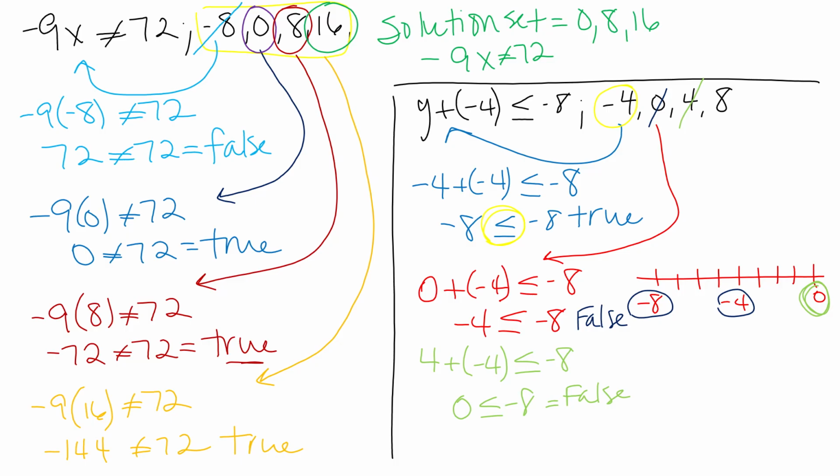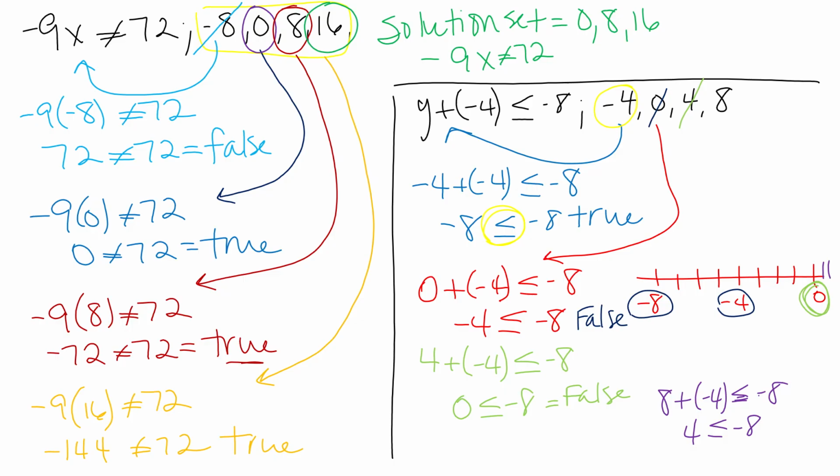Now, you might be able to say, well, if 4 is not included, I know 8 won't be included, and I would have to agree with you, but let's go ahead and do the math anyway, just to check it. So if I have an 8 plus a negative 4, it's less than or equal to negative 8, I'm going to have 4 is less than or equal to negative 8.